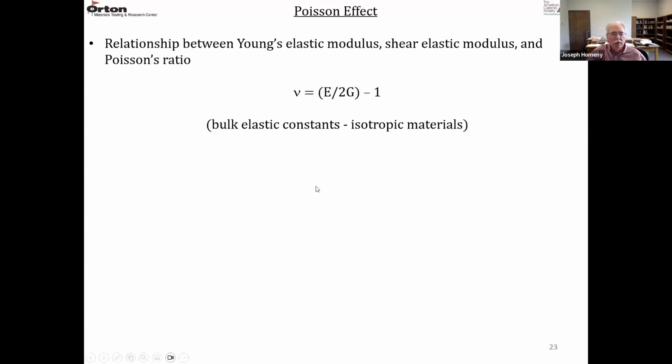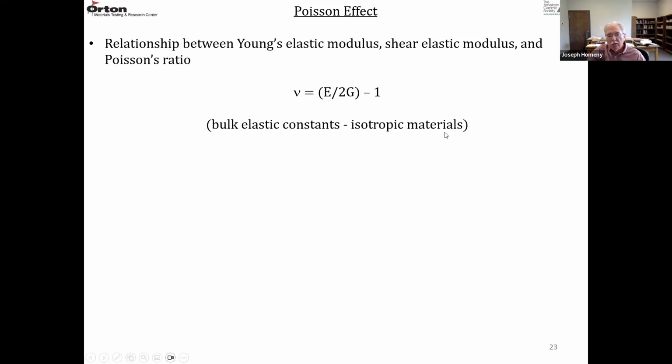So these are the three bulk elastic constants for isotropic materials that are important for describing thermal shock, especially Young's modulus E and Poisson's ratio nu. These are related by this type of equation: nu equals E over 2G minus 1.